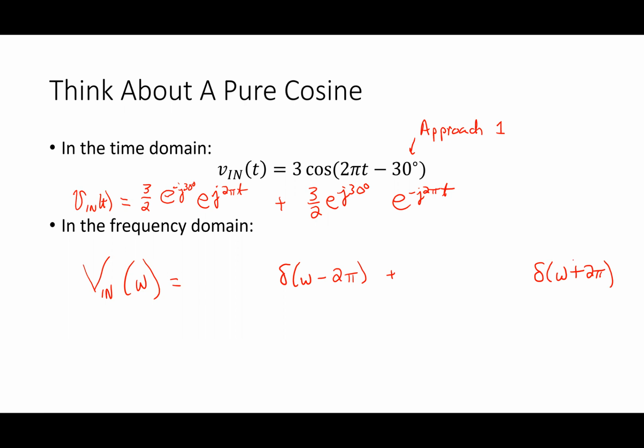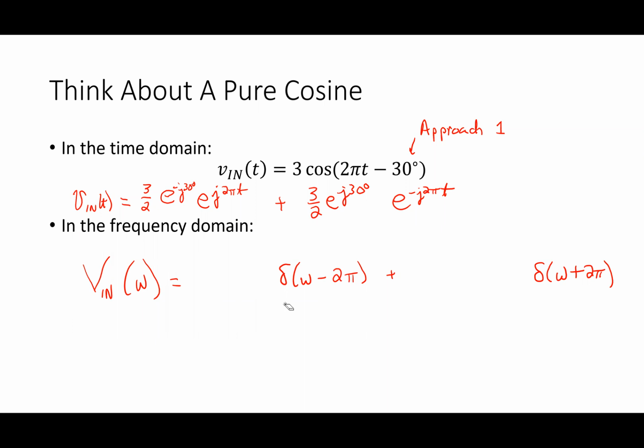Those are two impulses. Which of those two impulses, the one on the left or the one on the right, corresponds to omega equal to 2 pi? This one, the first one. That's right.